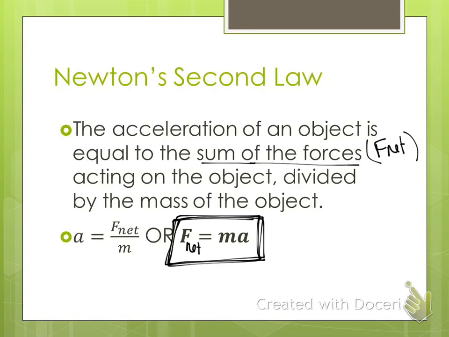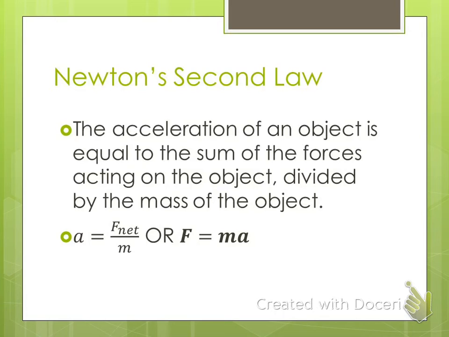So acceleration of an object is equal to the sum of the forces, which is F net, divided by the mass of the object. So that's this equation right here. This equation is almost always manipulated to look like this. F net equals mass times acceleration. That is really an important equation for us. F net equals mass times acceleration.